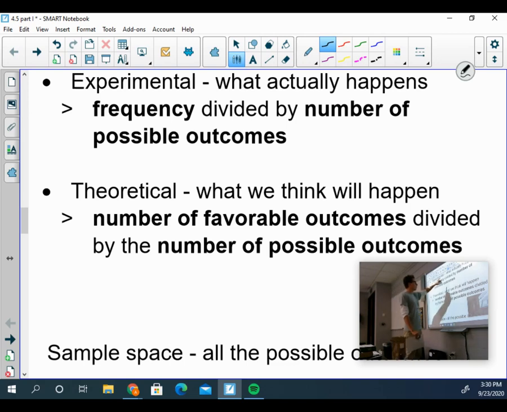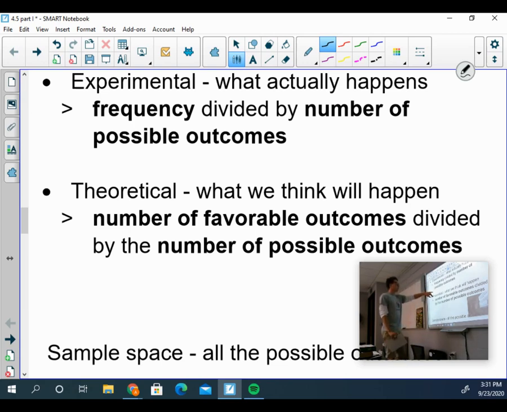Experimental probability is what actually happens. That's how often something occurs divided by the number of possible outcomes. This would be if I rolled a die 7 times and counted how many 4s I got, or how many even numbers I got, divided by how many times I rolled the die.